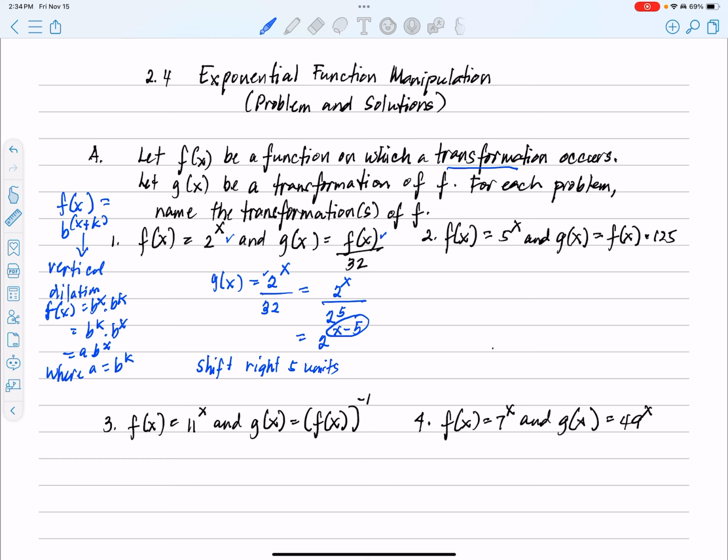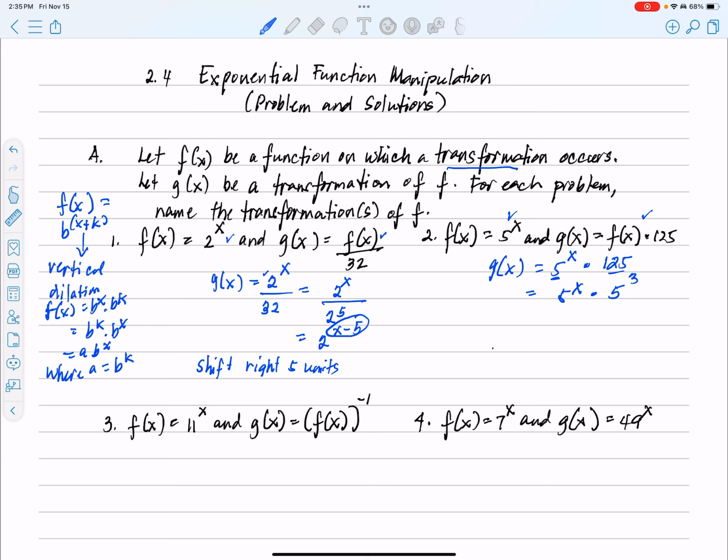F of x is 5 to the power of x, and g of x is f of x times 125. We're going to rewrite it as g of x. What is our f of x? We're going to substitute that, 5 to the power of x times 125. Since we have a base 5 here, we have to change 125 with a base 5. That would be 5 to the power of x, and 125 is 5 to the third power.